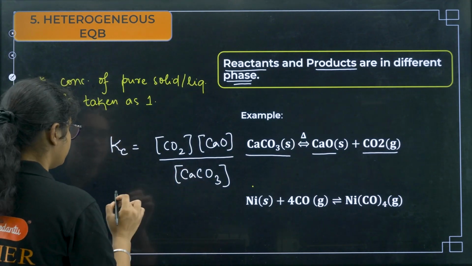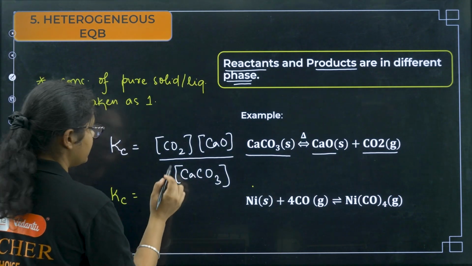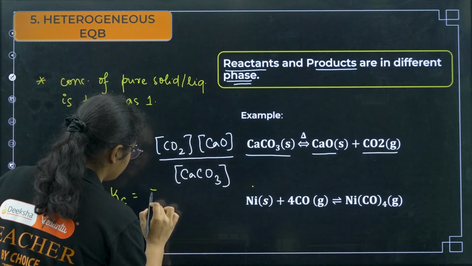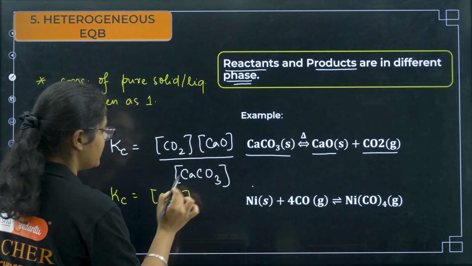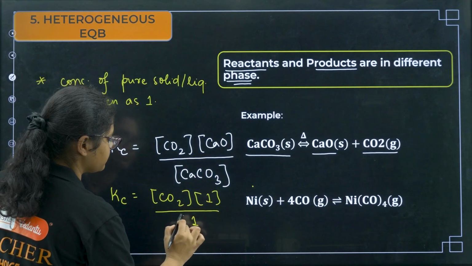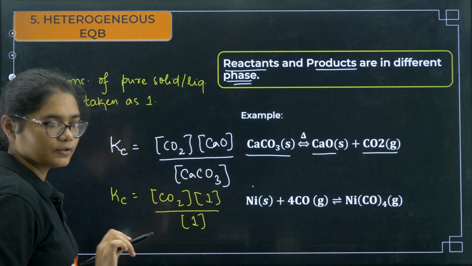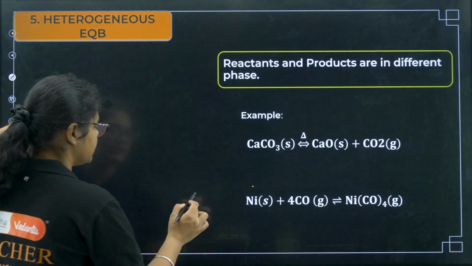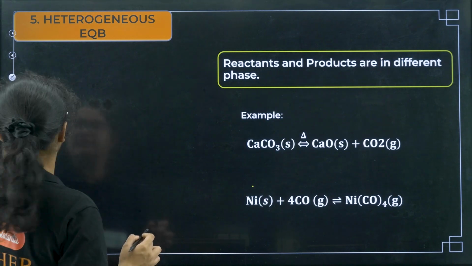Now if you see this Kc, we can write it as CO2 only, right? This one will be 1 and this one will be 1 because they are pure solids.